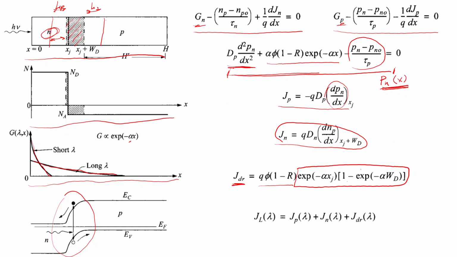So we just multiply that by Q. This part actually gives us the amount of photogenerated electron-hole pairs per square meter, like per unit area, within the thickness of the depletion region.